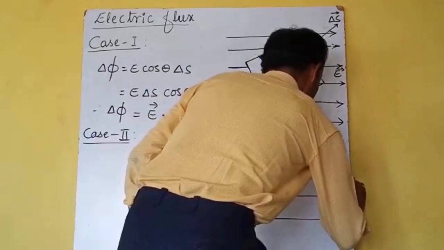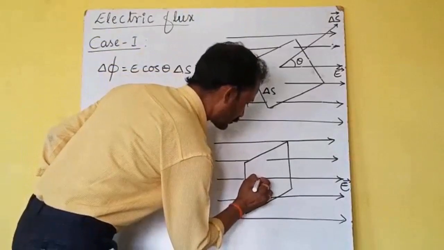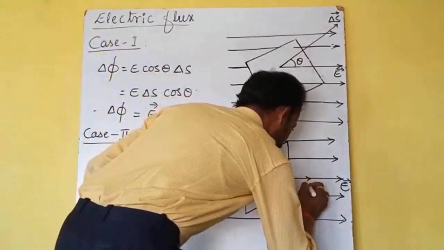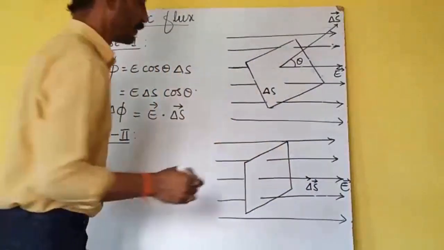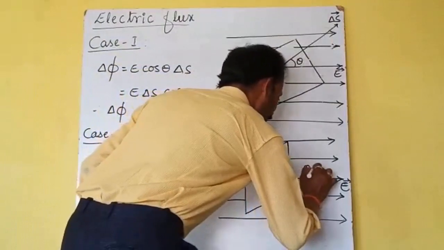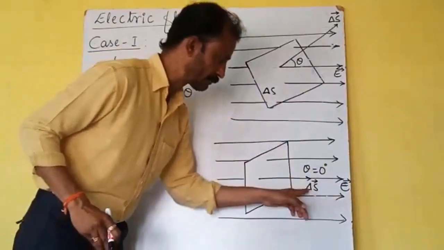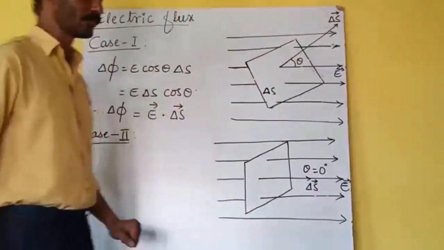This is the direction of electric field. So if we draw the normal to this area element, that is also in the direction of electric field. In this case, the angle between the direction of electric field and normal to the area element is 0 degree.